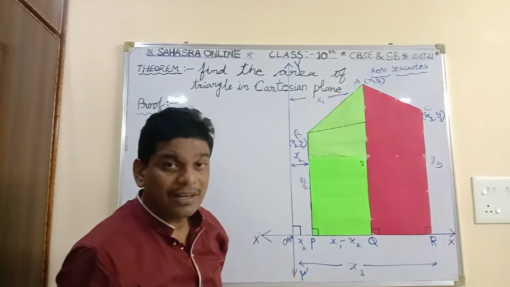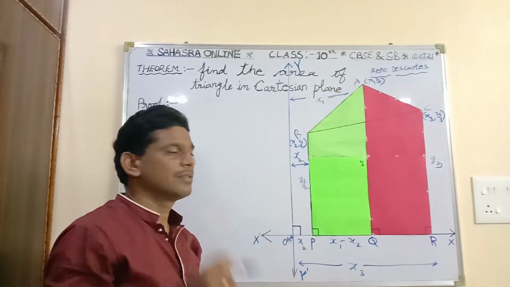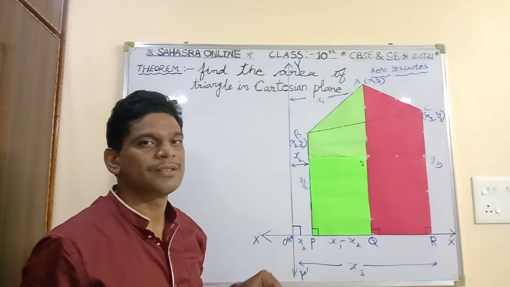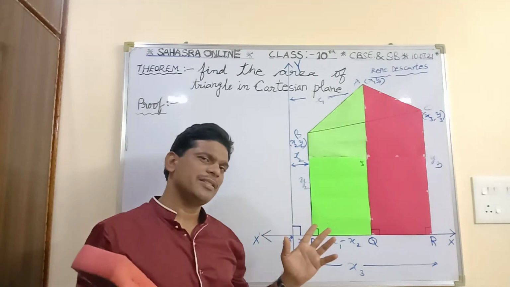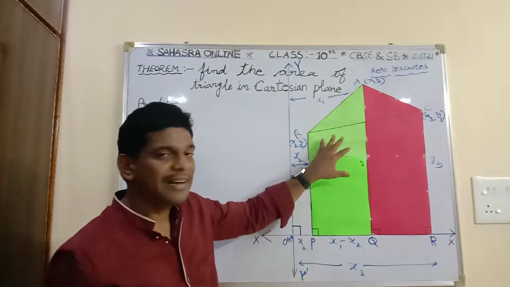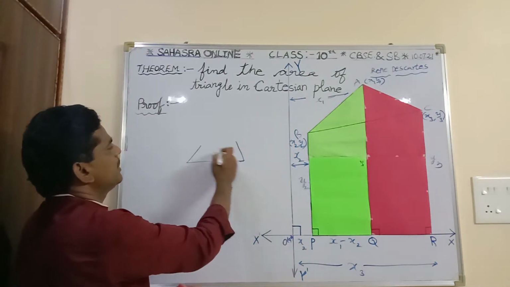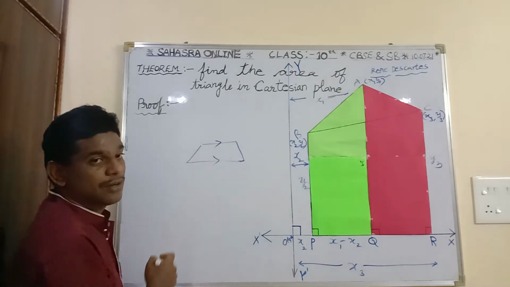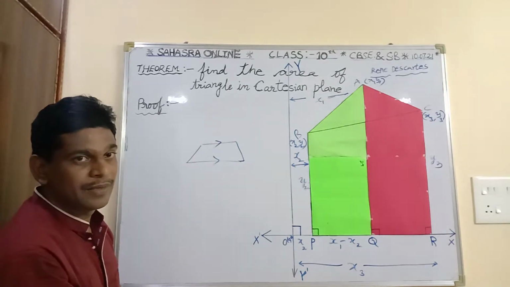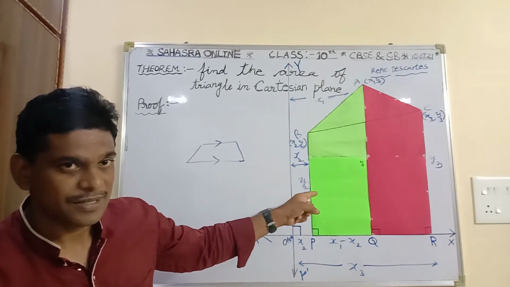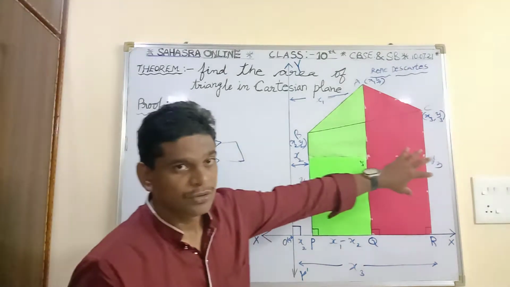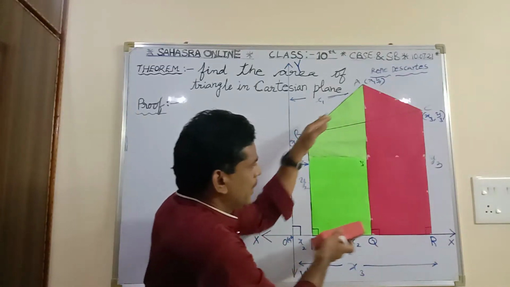What are these called? Yes, they are trapeziums. What is the meaning of trapezium? A quadrilateral in which one pair of opposite sides are parallel is called trapezium. There are three trapeziums. 1, 2 and the third one.